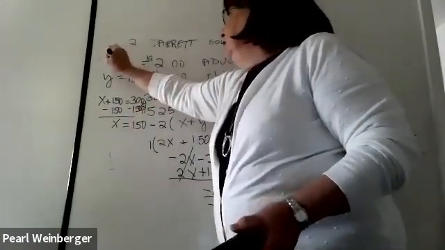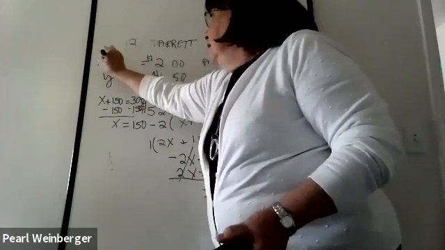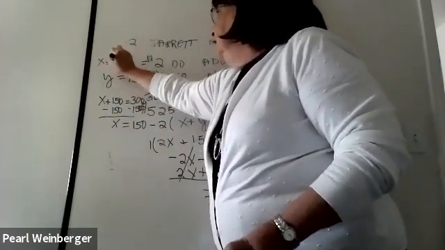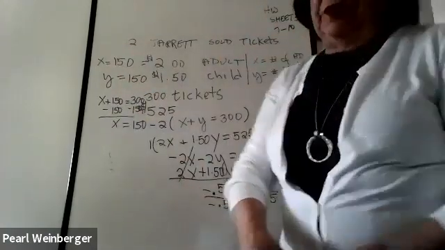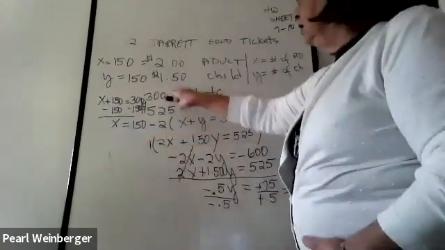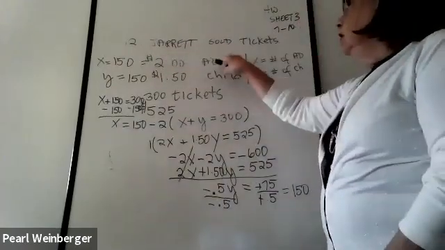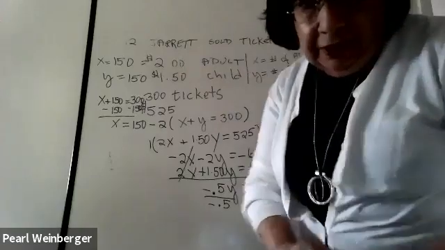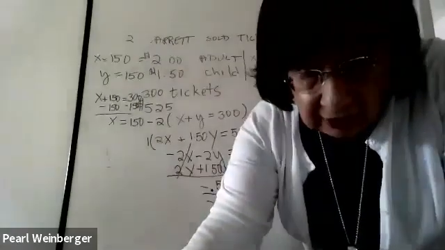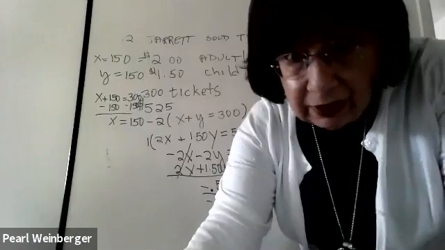That's not so surprising because probably each child had an adult going with them. So of the 300 tickets he sold, 150 were adult tickets and 150 were children's tickets. And you were completely right, Marcus. I think that was the answer that you gave me, and it was correct.